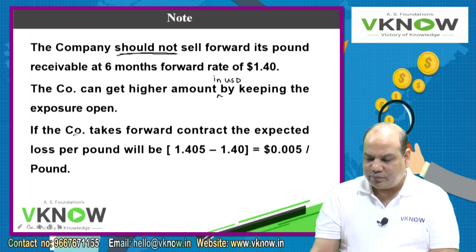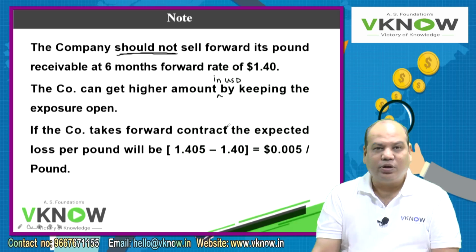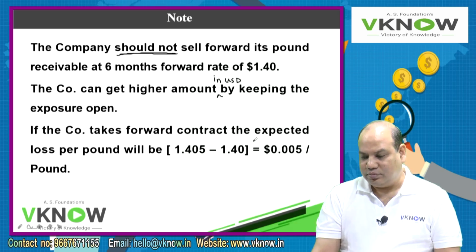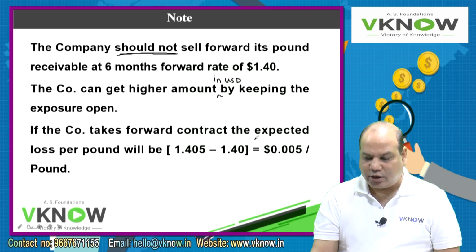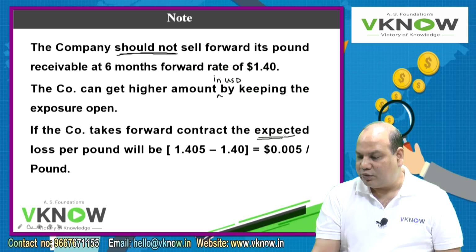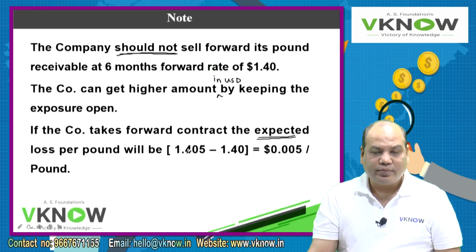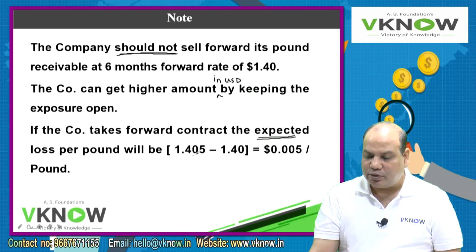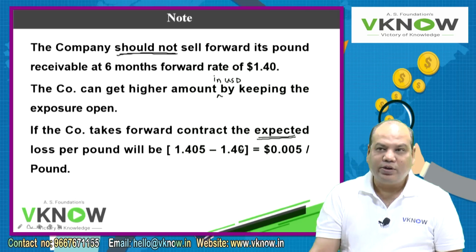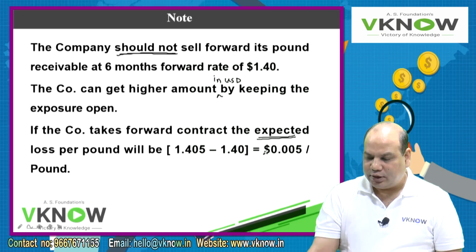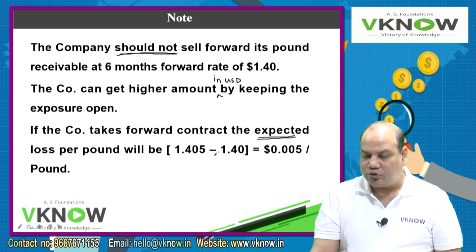Next line, write down. If the company takes a forward contract, the expected loss, because all these figures are expected, the expected loss per pound will be 1.405 minus 1.40, and that is equal to $0.005 per pound.